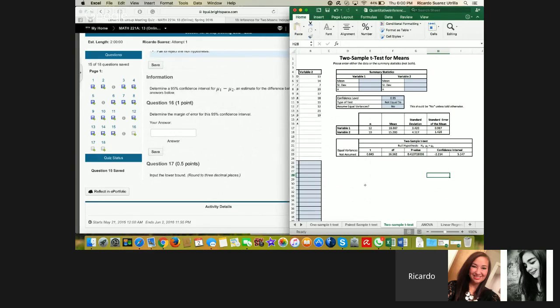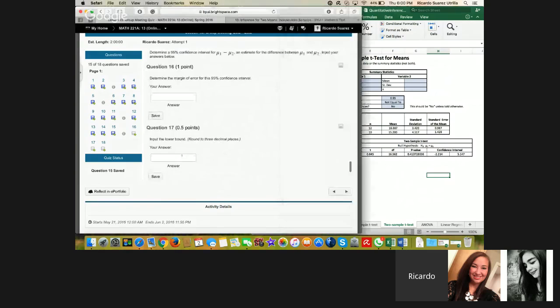Last week I was going crazy trying to find the answer. I know that in order to get this, you have to subtract the mean minus confidence. Well, I don't know which one is in this case. I have to go back because there's a formula, but it's not going to work. Okay, let's skip 16 and get 17.